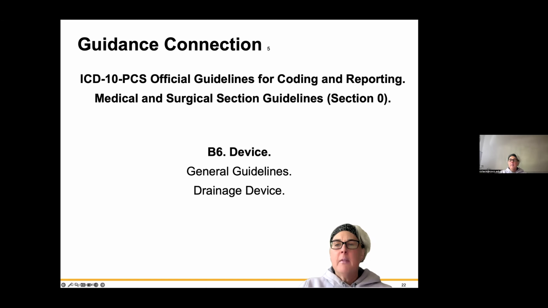Two key reminders from this section: a general device rule: report any device only if it remains in the patient after the procedure and is a permanent part of the person, stays in permanently. A drainage device guideline clarifies when a drain is coded as the device and when you still use Z because nothing remains. And if you ever feel stuck, go to B6 coding guidelines and it will help guide you.